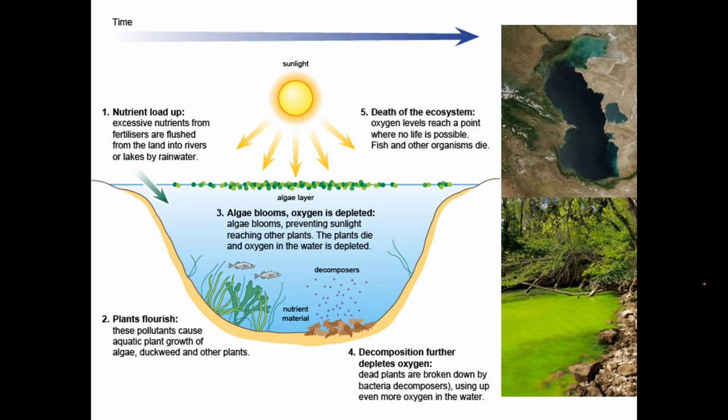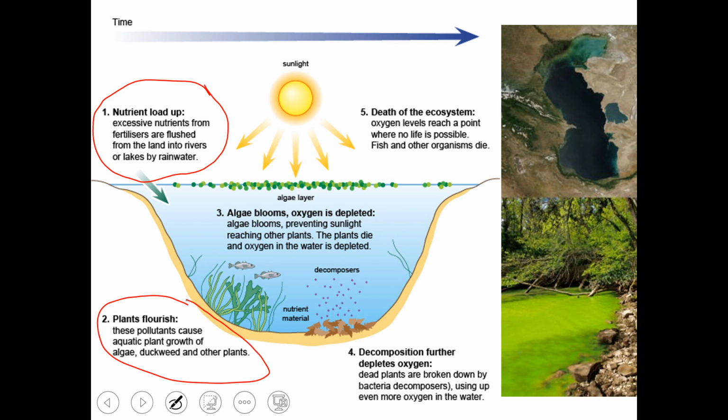Well, let's go through this step by step, this eutrophication process here. So step one is we have too many nutrients, too much nitrogen or phosphorus, making its way into the bodies of water. Our phytoplankton, algae would be among that category, they grow really quickly.